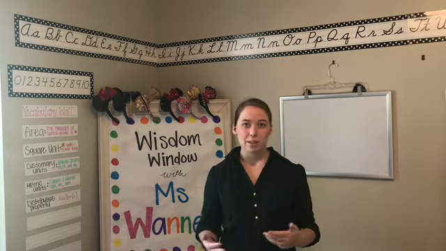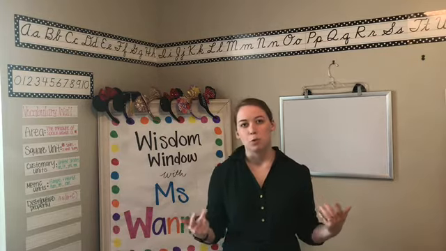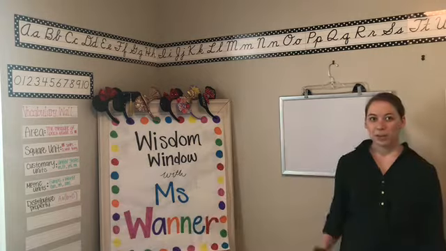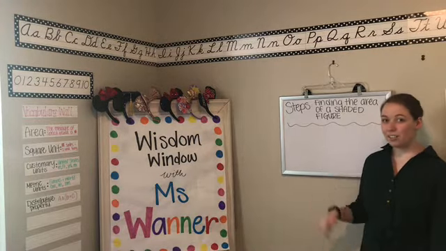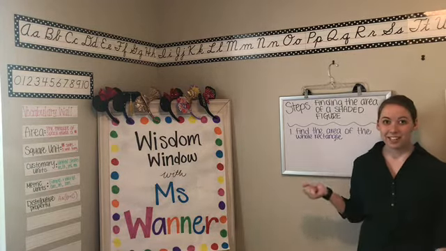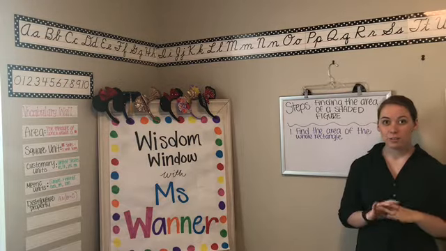But before we dive in, there's a couple steps that we need to first practice and acknowledge before we start practicing some more of these problems. So now we're going to work on the steps to finding the area of a shaded figure. Step 1, we're going to find the area of the entire rectangle or the whole figure.